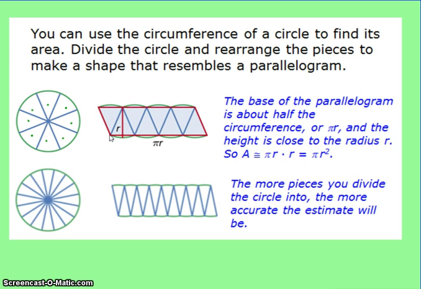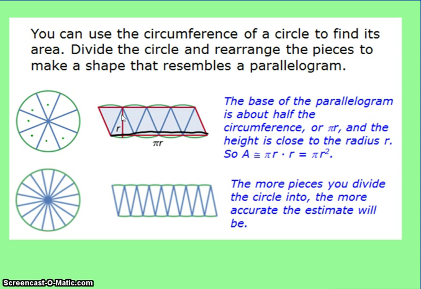So what we have here is an estimation of a parallelogram. And what you'll see here in this bottom part of the parallelogram, this line right here, is half of the circumference because it deals with 4 pieces. So instead of 2 pi r, we would say pi r.